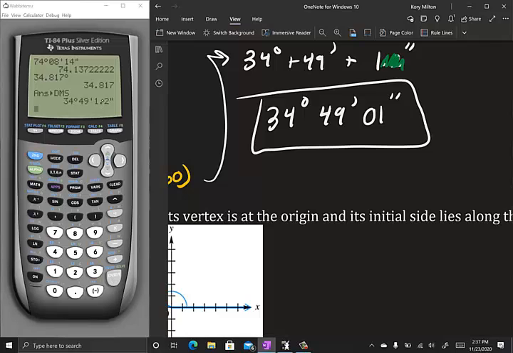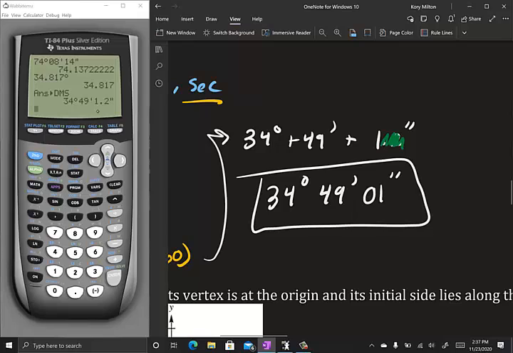Remember that extra little decimal, it doesn't matter because we don't go past seconds, so that little extra decimal goes away. Say we had 1.6, yes, we would round this to 2, so round if you can.